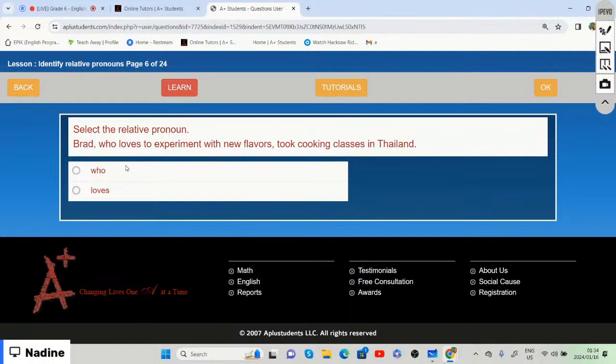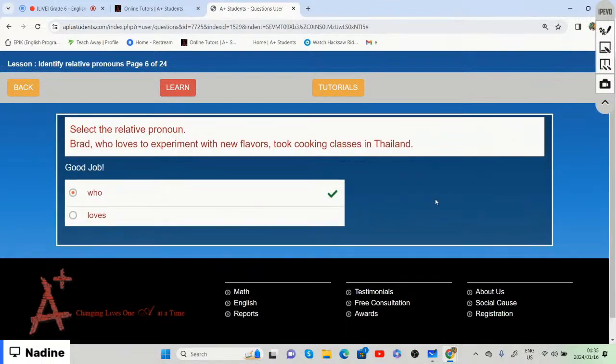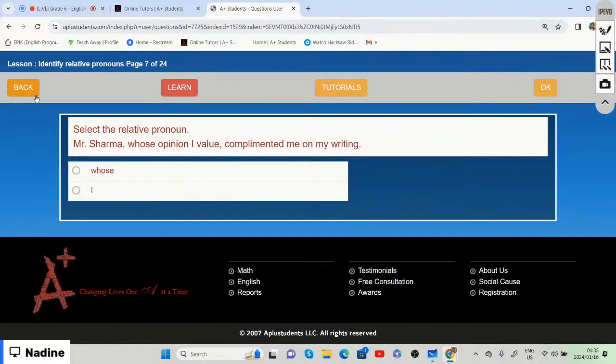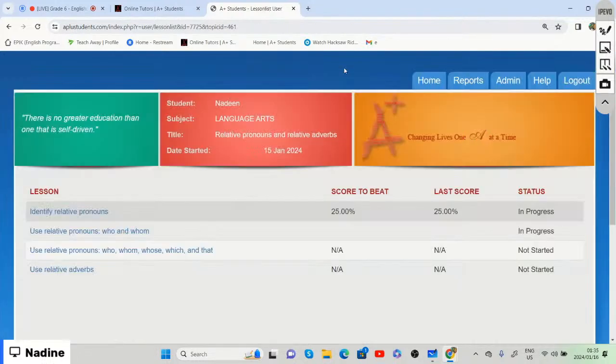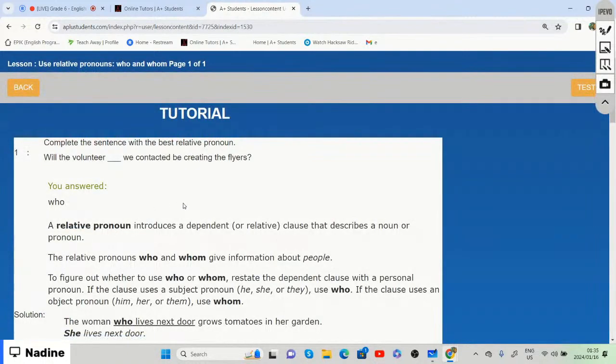All right, let's go with who. Who is our relative pronoun, right? Now we're going to use our relative pronouns, which are who and whom.